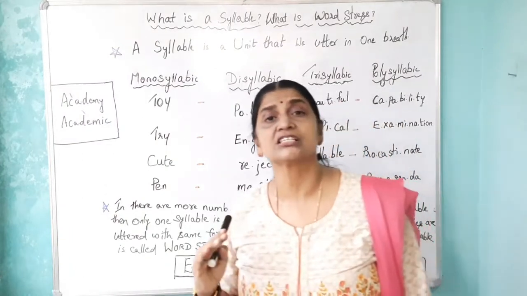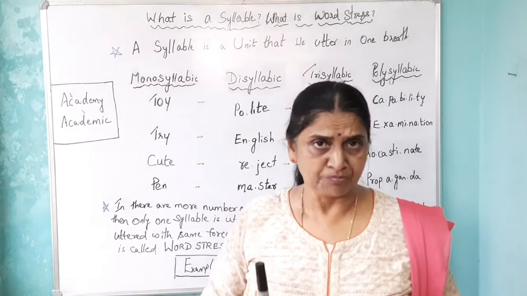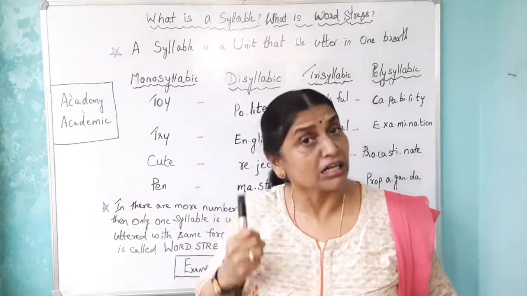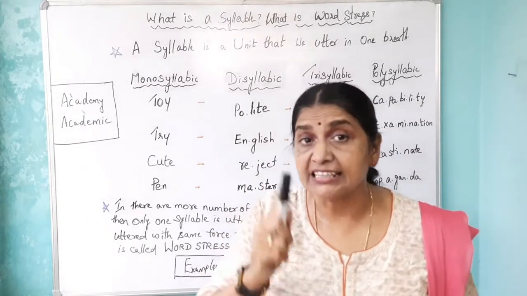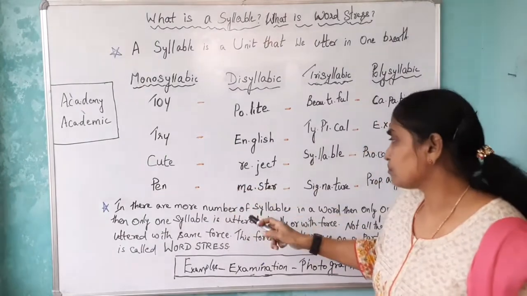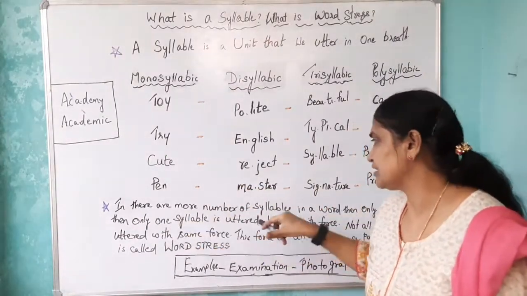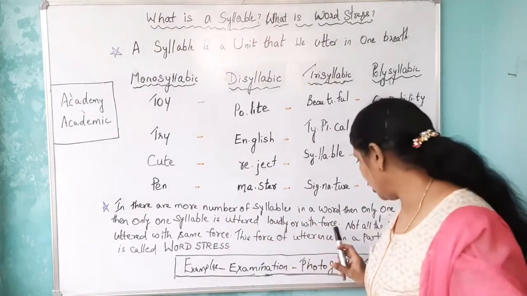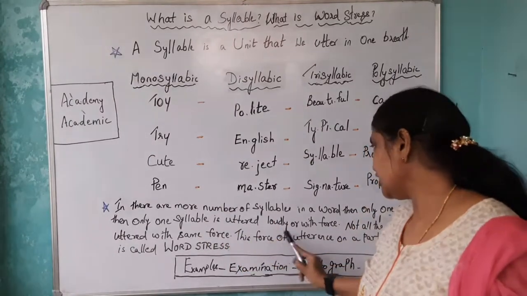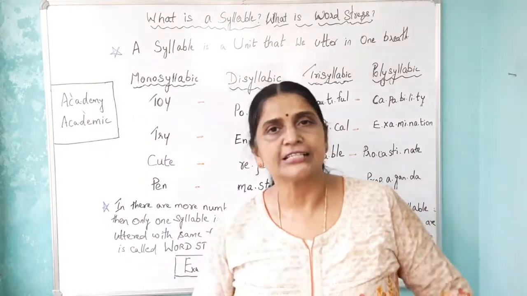Not all the words are uttered in the same manner or with force. Certain syllables are pronounced with force, and that's called stress, word stress. So if there are more syllables in a word, then only one syllable is uttered loudly or with force. Not all the syllables are uttered with the same force. This force of utterance on a particular syllable is called word stress.